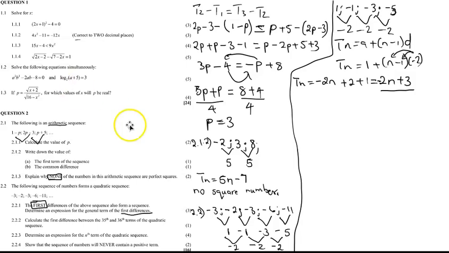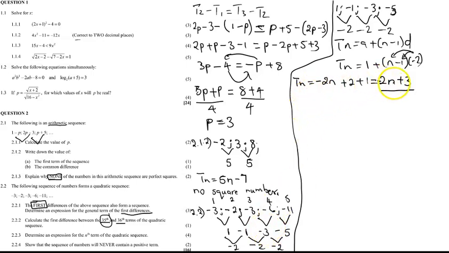This is term 1, this is term 2, this is term 3, this is term 4, this is term 5. We can see that the first term in the first differences is between term 1 and term 2, the second one is between term 2 and term 3, and the third one is between term 3 and term 4. So if they say between 35 and 36, that means they're actually looking for term 35 in the first difference.